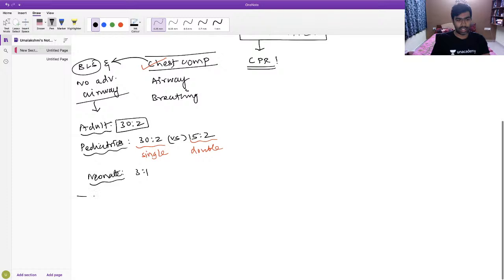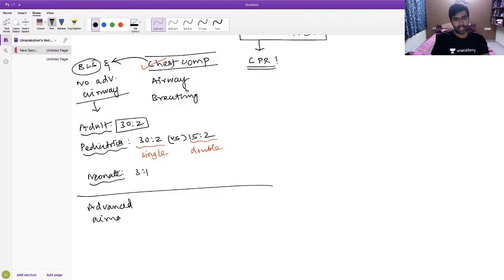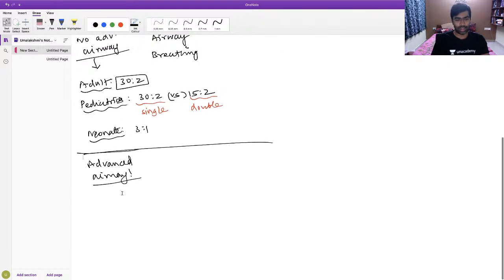But there is one change that has happened when the patient is in ACLS and having an advanced airway. Suppose the patient already has an endotracheal tube, for example in an in-hospital cardiac arrest, or a laryngeal mask airway.